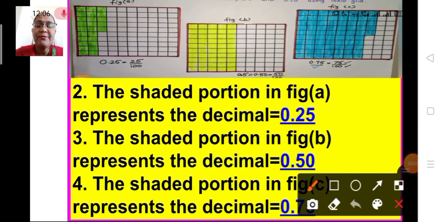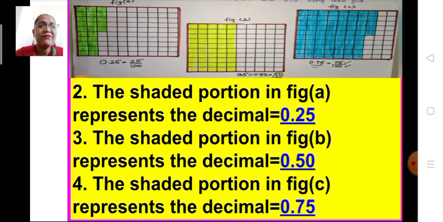Then you will write the second point in the observation: the shaded portion in figure A represents the decimal 0.25, which is shown over here. Then you will write the third point: the shaded portion in figure B represents the decimal number 0.50, and the fourth point: the shaded portion in figure C represents the decimal number 0.75. Children, no need to draw this figure in your observation.